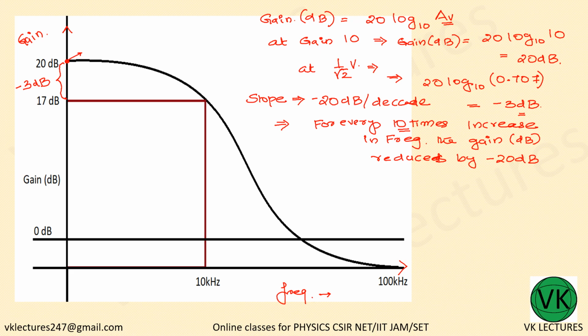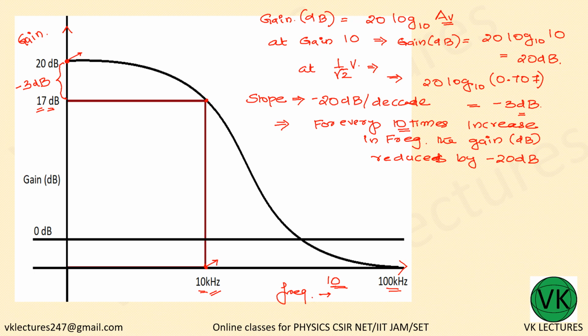Now at this point you have the gain of 17 decibel, and that particular point is where you have the frequency of 10 kilohertz as given in the question. Now the frequency is moved to 100 kilohertz. That means from 10 to 100 there is an increase of 10 times.